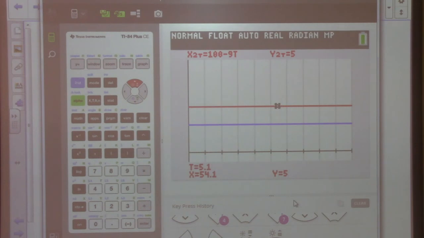You see? X minimum is 0, X maximum is 100. You see that? And then Y minimum, let's say -1. Y maximum is 10, so that looks good. Everything looks good, you see here.